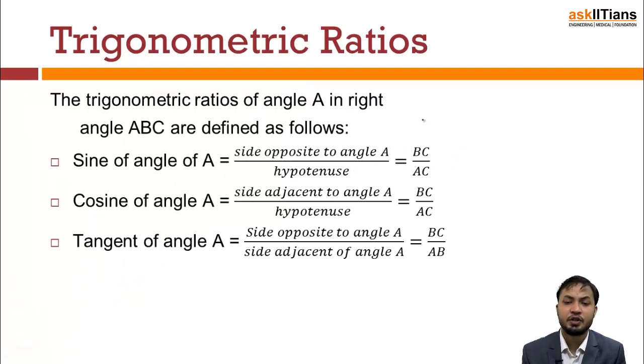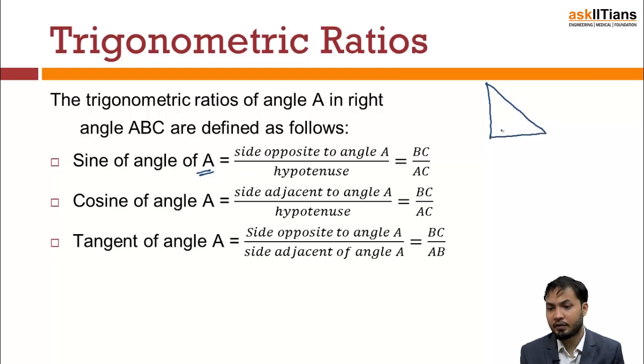When I define the trigonometric ratios, if I take the sine of that angle, remember this is my 90 degree, this is my A, this is B and this is C. So this becomes my theta.